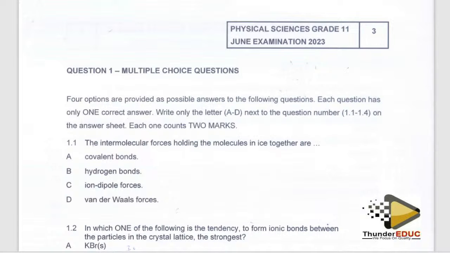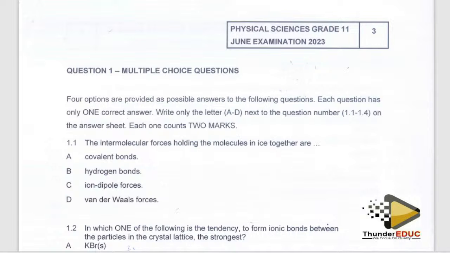So without wasting time, let's talk about what they have written. This paper was very easy. I think you know that very well. Let's go through it; within maybe 30 minutes the paper can be done.